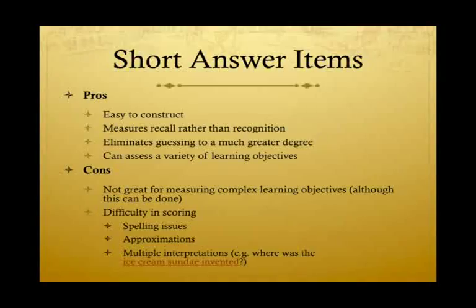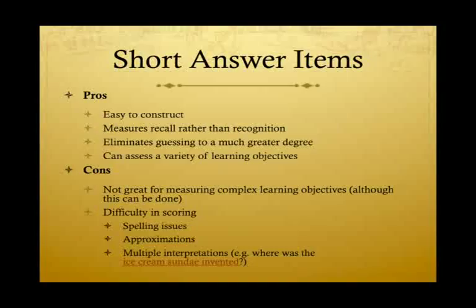The bad thing is still not good at complex learning outcomes. Sometimes, especially if you don't give a very concise question, it's tough to grade because people don't always give you exactly what you want, even though you're looking for one specific thing. So you have to make sure your questions are constructed in a very specific manner. You have spelling issues.